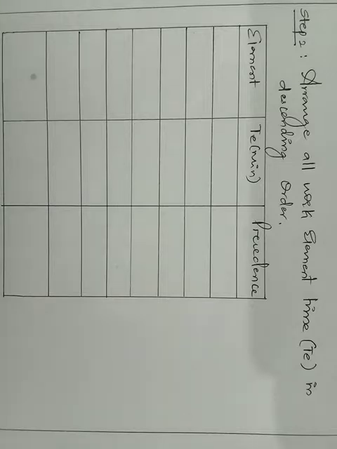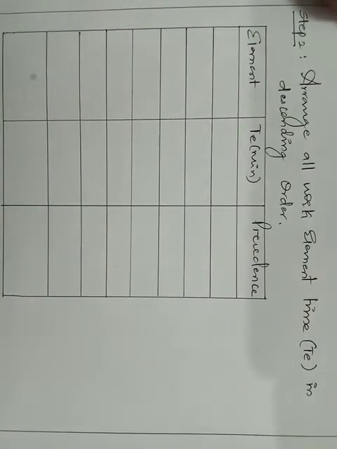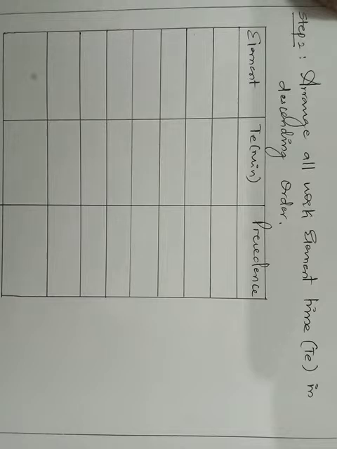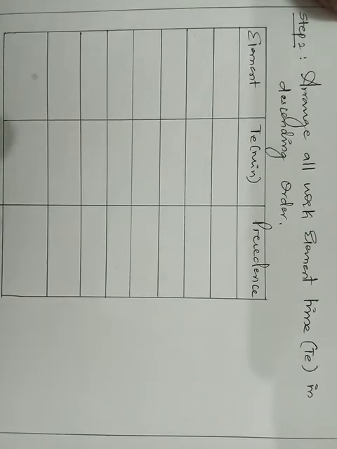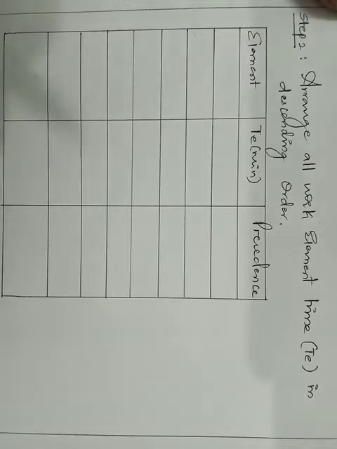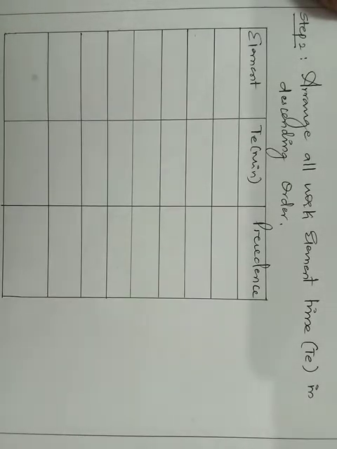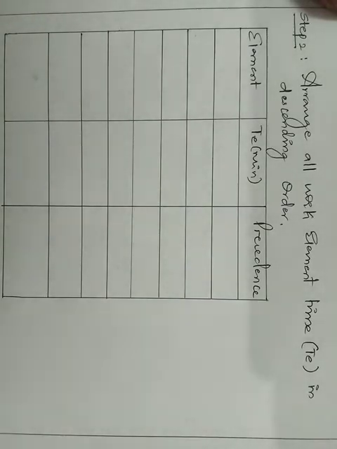If you check the table given in the problem, you have the same 3 columns: element, time (TE), and precedence. Now in the second step I need to rearrange column 2 in descending order, that is, the highest time value should come first.